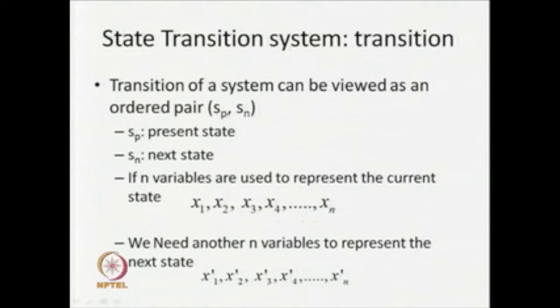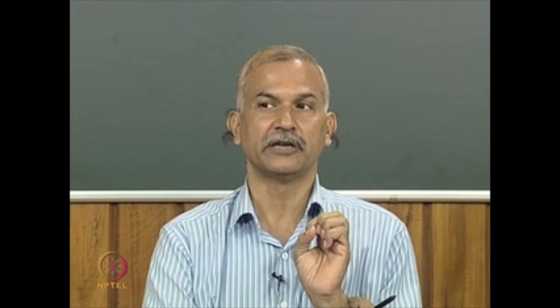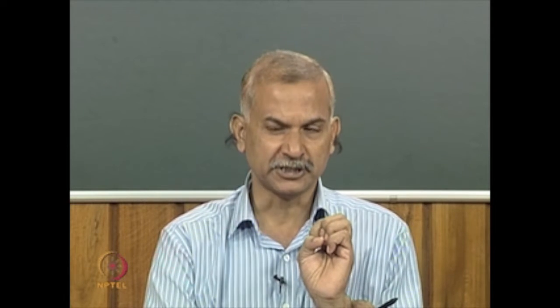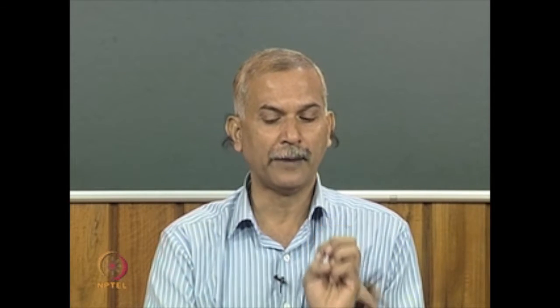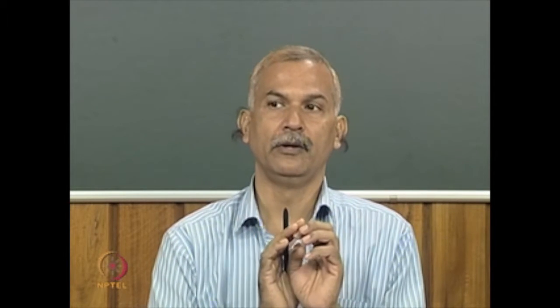So, we can say these are the state variables x1 to xn. These are the state variables required to represent a state, and they represent the current state or present state. My system is in a particular state at a particular instant of time, and I represent in which state my transition system is with the help of those state variables.